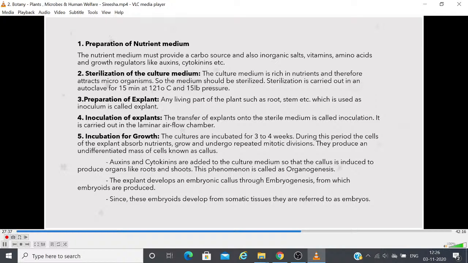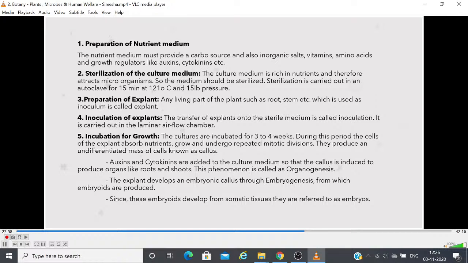Now the sterilization of the culture medium. The culture medium is rich in nutrients and therefore attracts microorganisms, so the medium should be sterilized. Sterilization is carried out in an autoclave for 15 minutes at 121 degrees centigrade and 15 lb pressure.